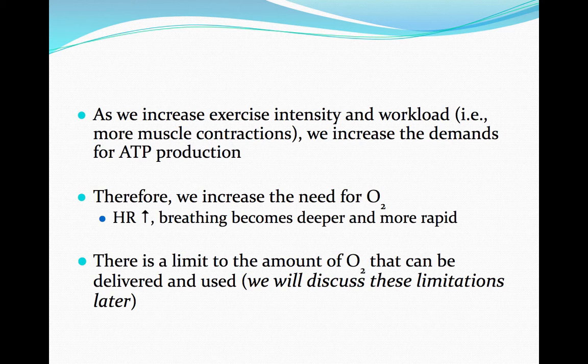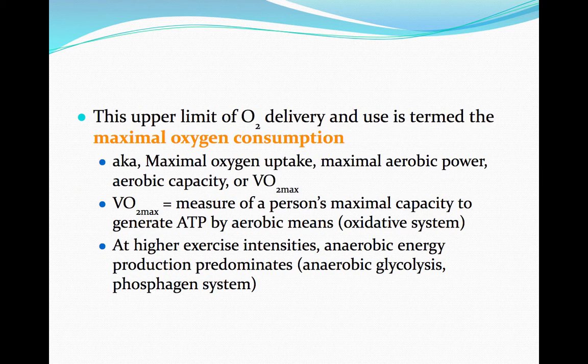There is a limit to the amount of oxygen that can be delivered and used. Obviously, by even having something called VO2 max, that means that there's a maximal amount that we can do. And it varies from person to person. So it's the upper limit of oxygen delivery.